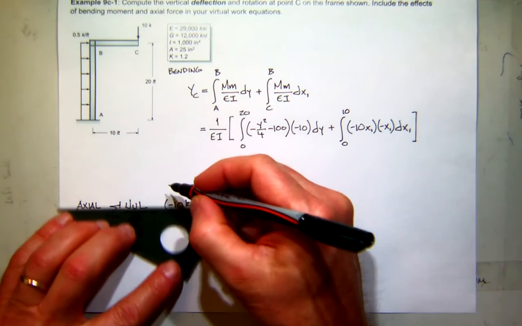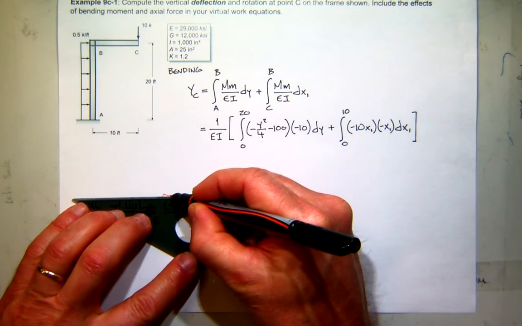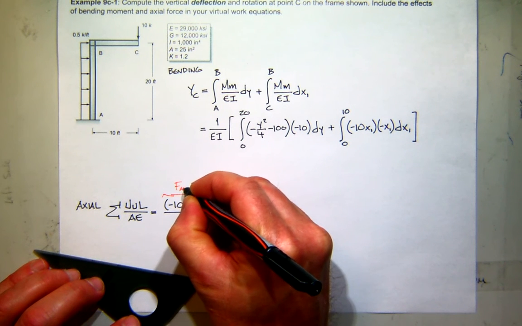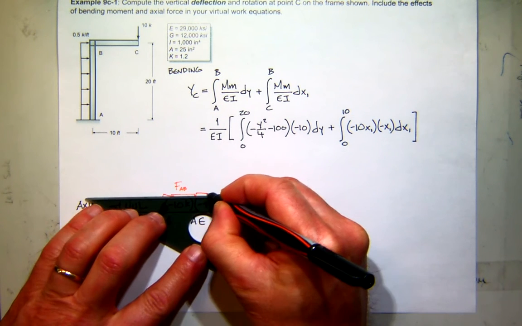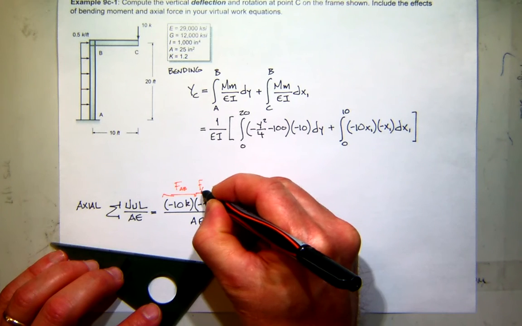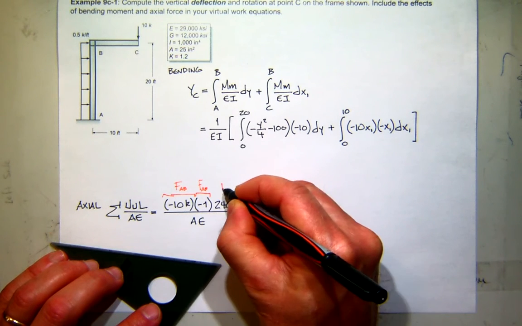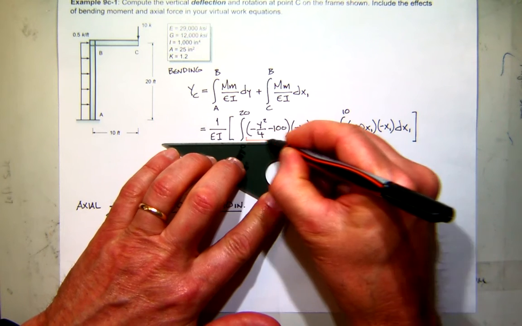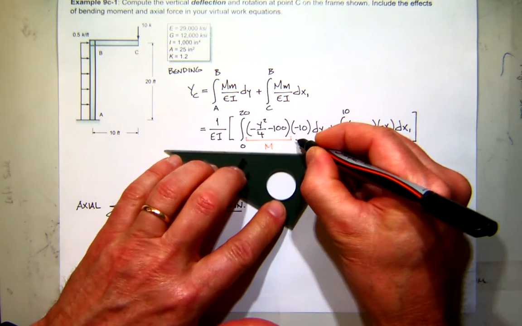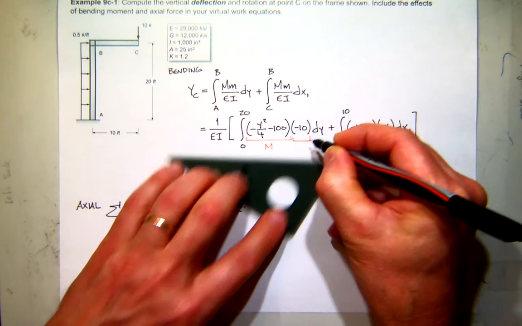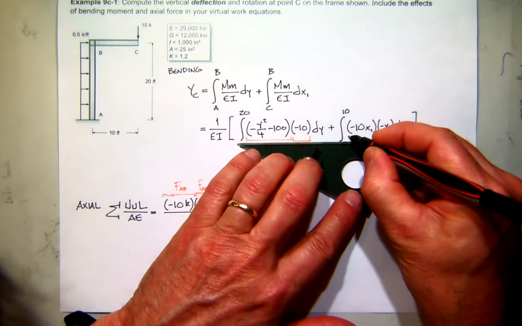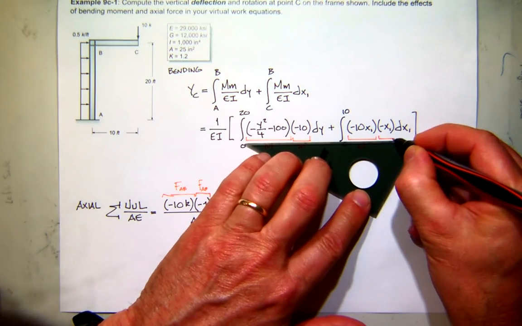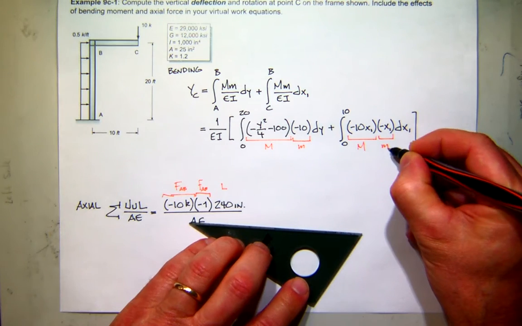So let me just pencil this in. So this is the real force in AB, and this is the virtual force in AB. This is the length, and then of course AE. Up here we had the real moment, the virtual moment, the real moment, and the virtual moment.